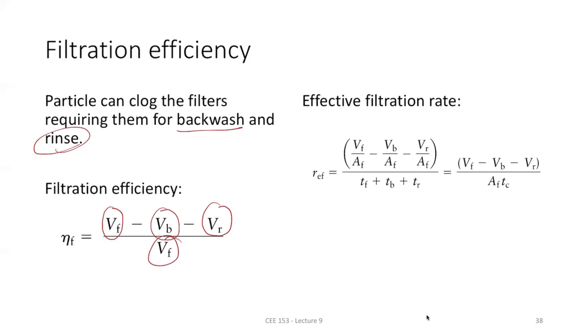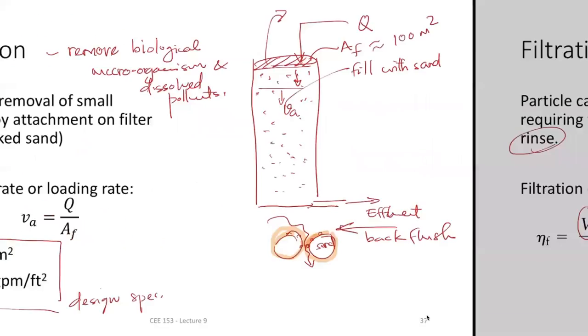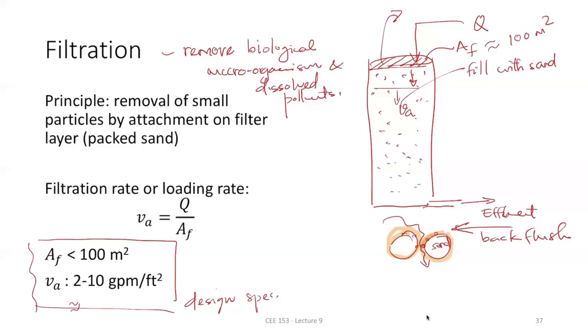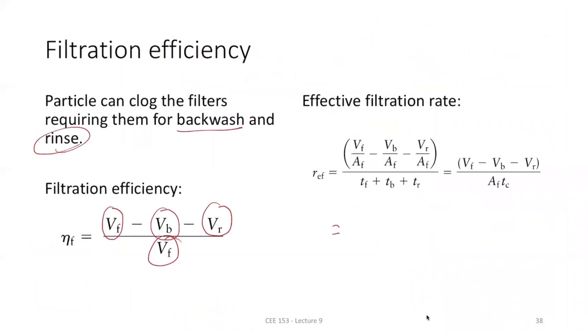It is basically volume over time. The way to calculate it is the total volume of filtration divided by area, and that is basically the velocity.